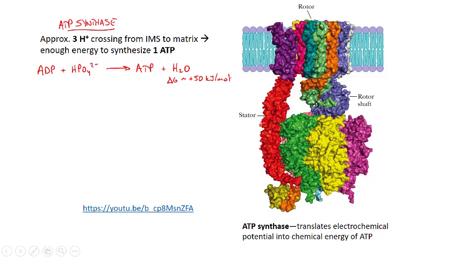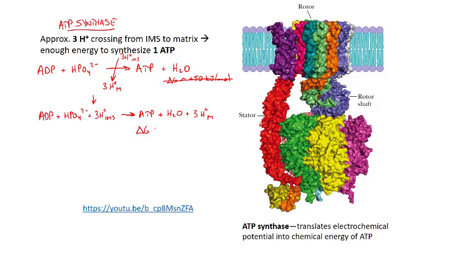So what we're going to do is make this reaction favorable by coupling it to movement of 3 protons from the intermembrane space back into the matrix. So if you wanted to, you could write the reaction as ADP plus phosphate plus 3 protons in the intermembrane space react to give us ATP plus water plus 3 protons in the matrix.